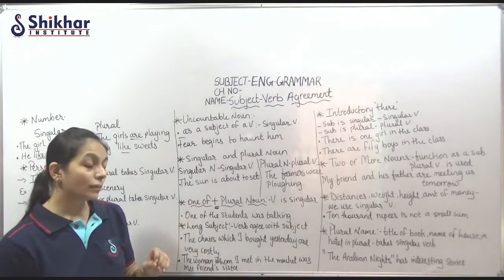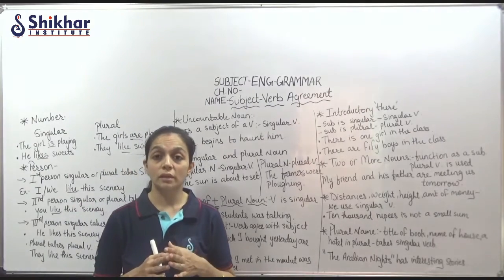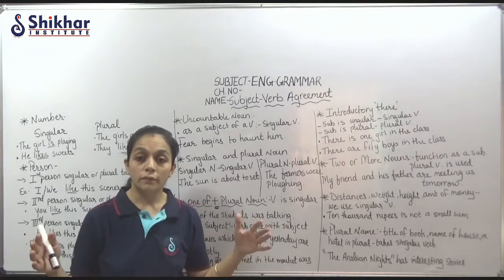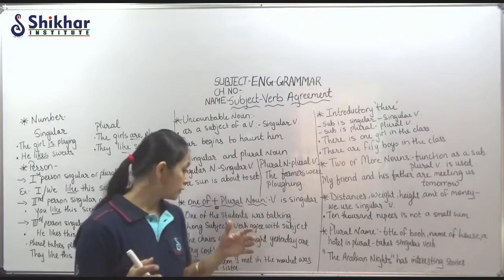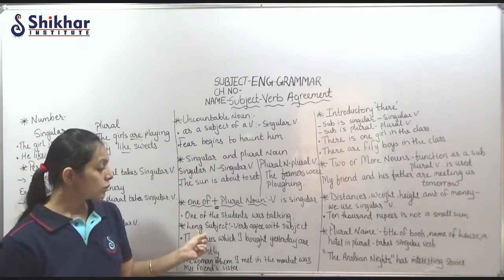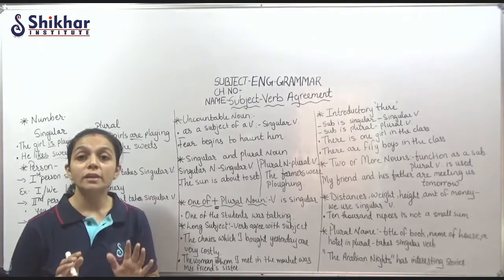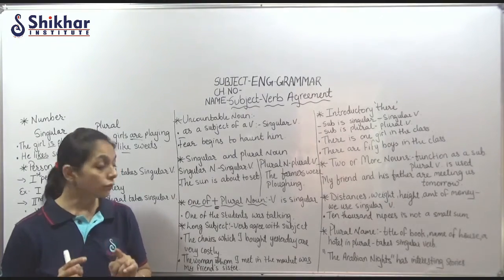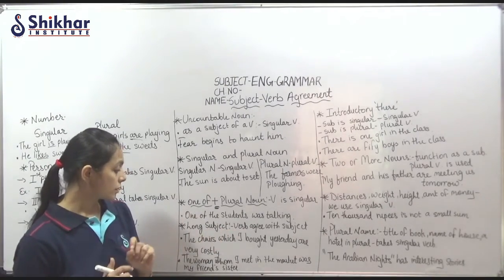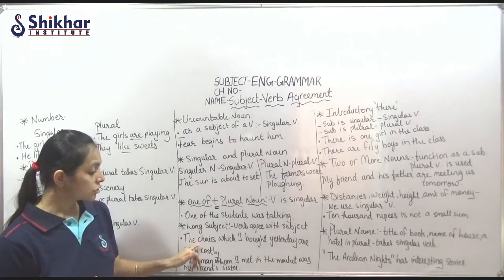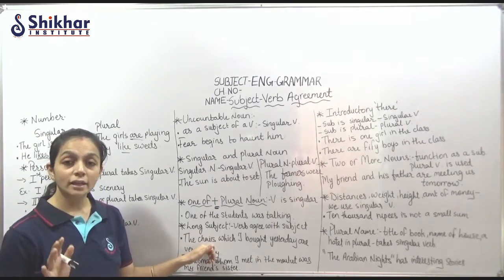Then long subjects. Many times we find that clauses are given, where a group of words forms a long subject. You have to be very careful in writing your verb, because that verb should agree with the subject. Suppose I have written the chairs, so what is the subject here? The chairs.